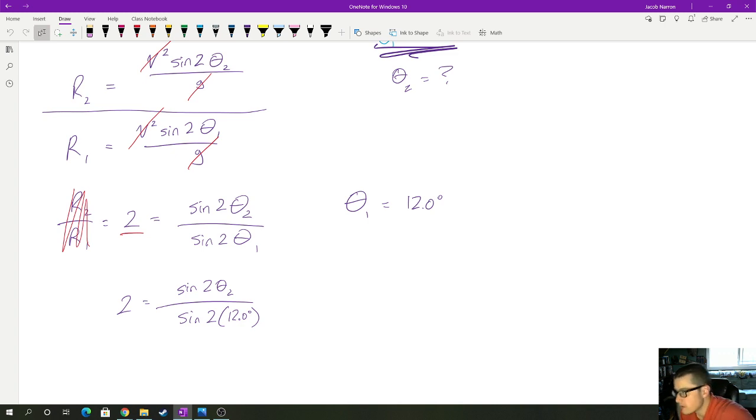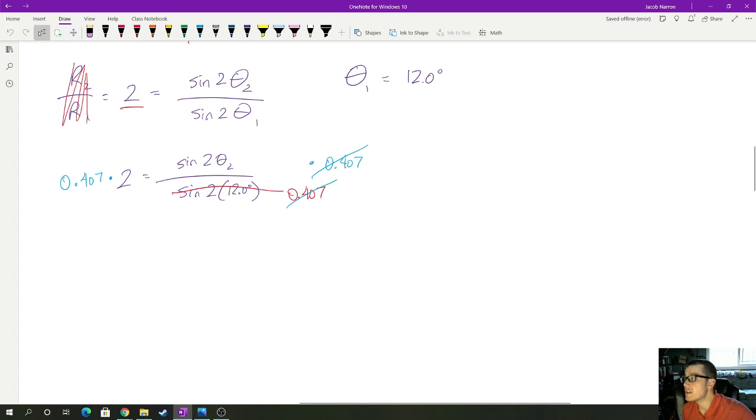I end up getting, for the denominator down here, 0.407. And so because I'm dividing by 0.407, remember, we're trying to get theta 2 by itself. So if I'm dividing by 0.407, multiplying by 0.407 on both sides will allow me to get rid of that. Okay, and so we're going to do 0.407 times 2 over on the left.